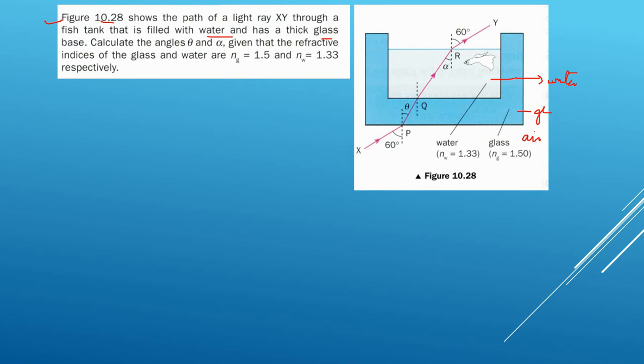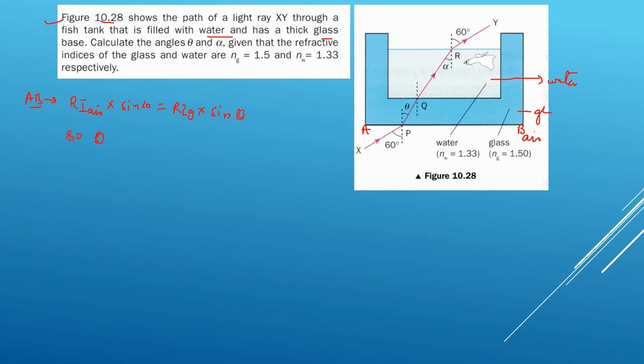So let's talk about the plane AB, which is the plane between air and glass. At plane AB the incident angle is in air. So refractive index of air multiplied by sine 60 is equal to refractive index of glass multiplied by sine of refraction, which is theta.